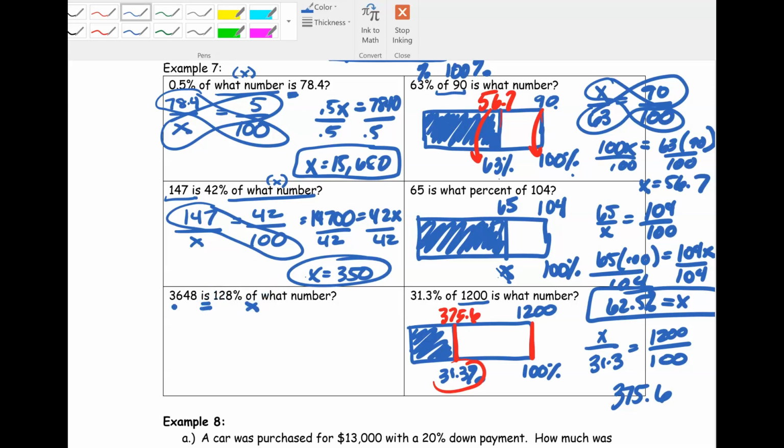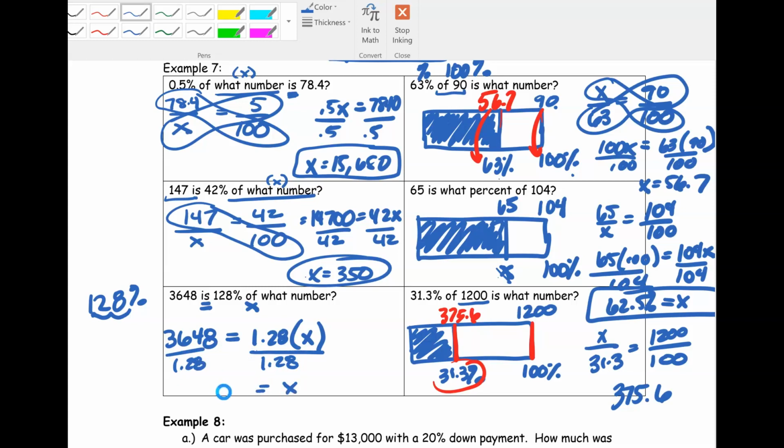So if you want to translate this, 3,648 is 128%. So let's just write that as a decimal. We're going to move the decimal 2 spots to the left, 1.28 of what number? And then we can just solve the equation. So we can divide both sides by 1.28, and then we end up getting 2,850. So again, I'm not going to put a whole lot of emphasis on that, but I just wanted to show you how you could do this a bunch of different ways.